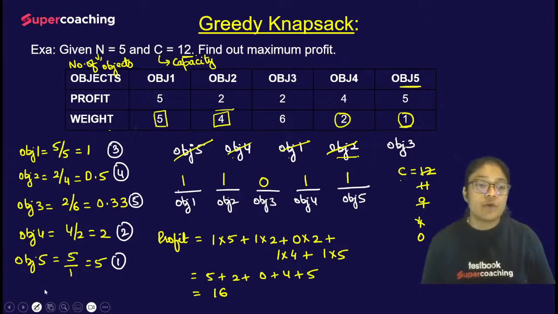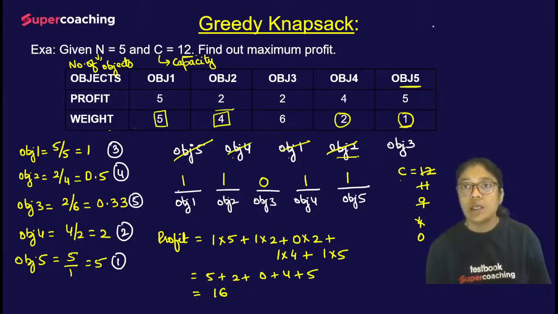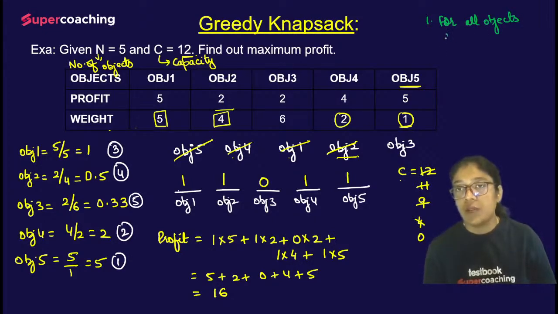So basically here we are just following three steps. What is the first step? You must have understood the algorithm. What steps did we follow here? For all the objects, we are finding the profit upon weight ratio.